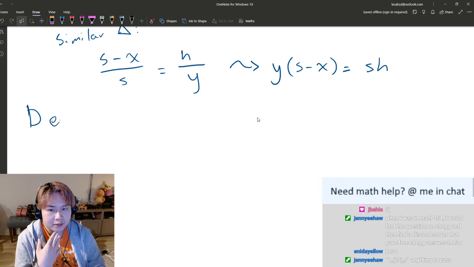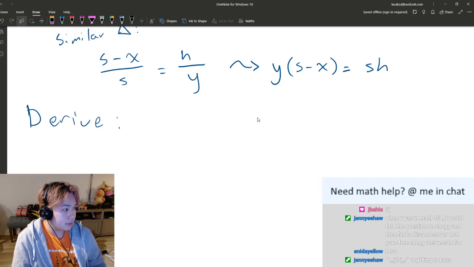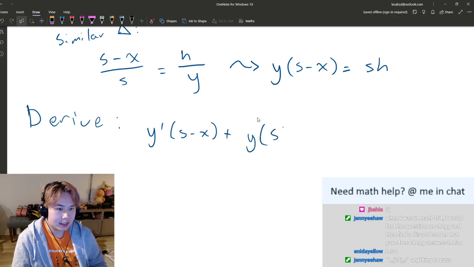So derive. So you get, I'm going to use shorthand, so y prime plus y times s prime minus x prime. This is equal to s prime times h plus s times h prime.